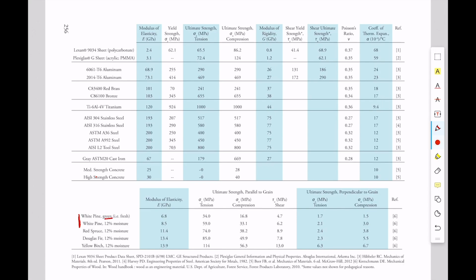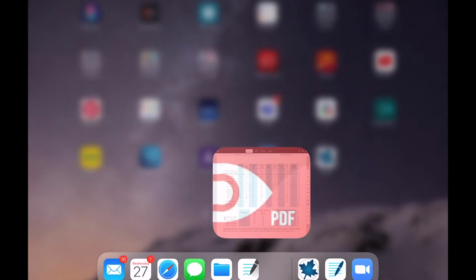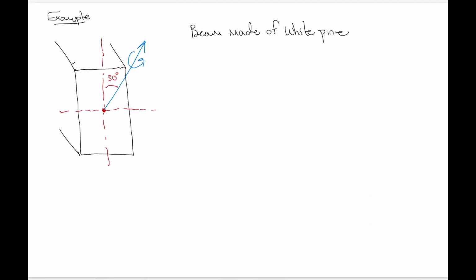One's for white pine green, so that's when it's freshly cut, and the other's for 12% moisture, so that's the standard moisture content of dry wood. So this is going to be the dry white pine, the 12% moisture. So let's go back to our problem here. White pine, and this is dry white pine.